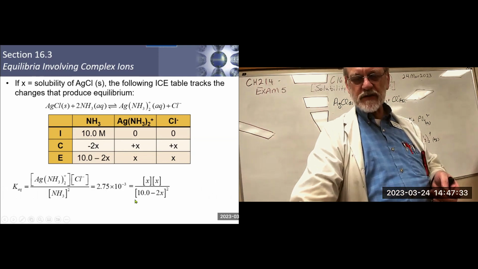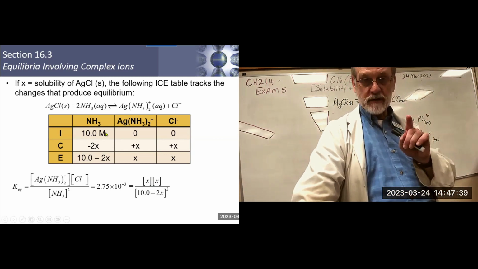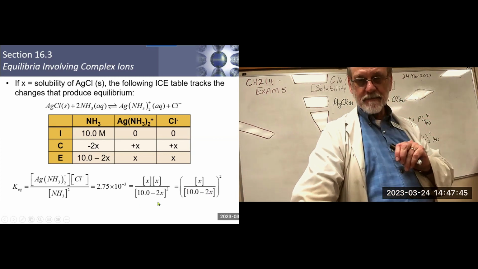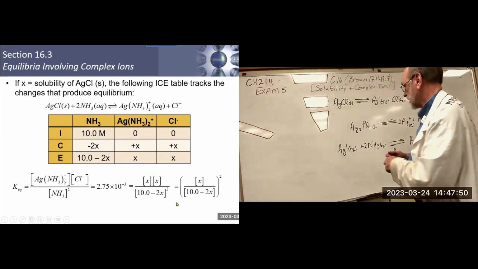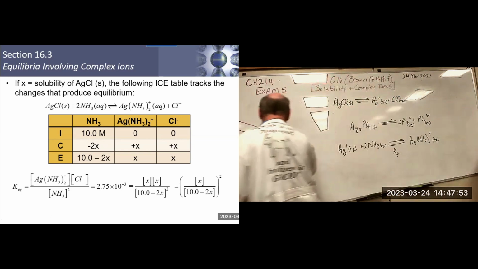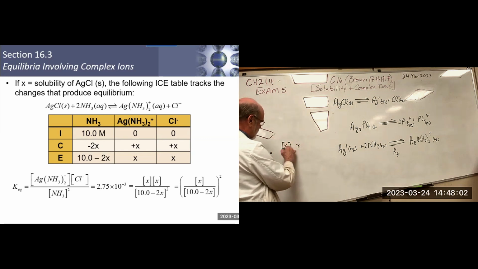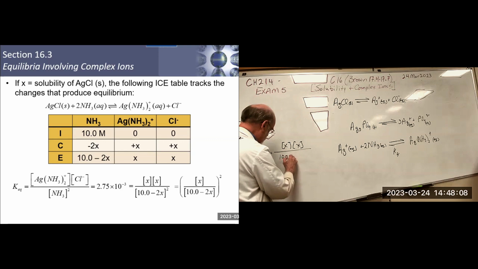So if we put those values into the equation right here, we can determine the solubility if ammonia is 10 molar. Okay, if it's 10 molar, then we get this expression. Right? And notice, let me put this on the board. K_eq equals x times x times x over (10 minus 2x) squared.